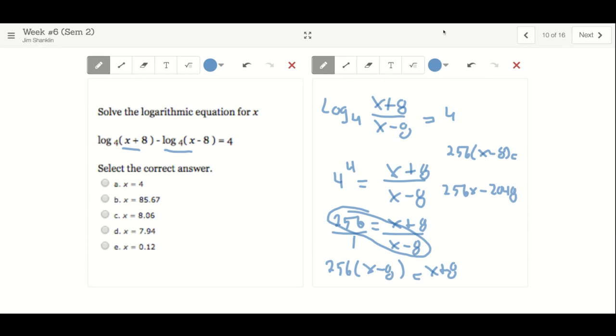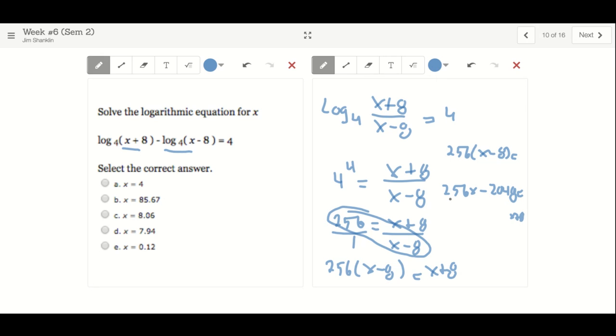Uh-oh, did I make a mistake? All right, yeah, 256 times 8, that's going to be 2048, is equal to x plus 8.